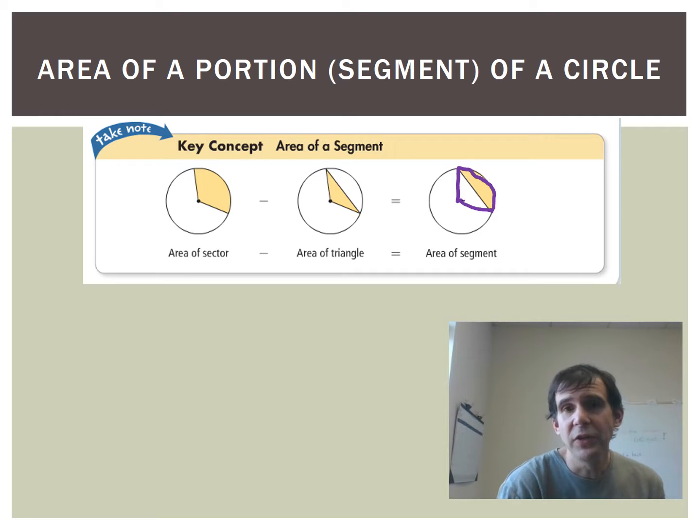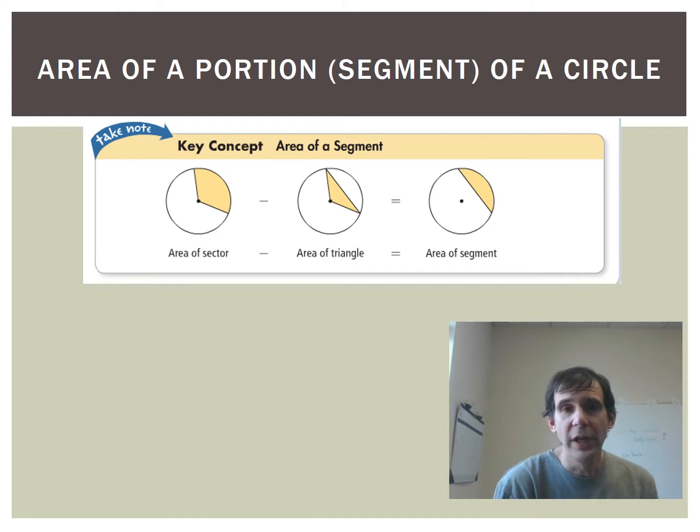What's missing from that complete sector is a triangle here. So we find the area of the whole sector, we subtract out that triangle that's missing, and we're left with the area of the segment.